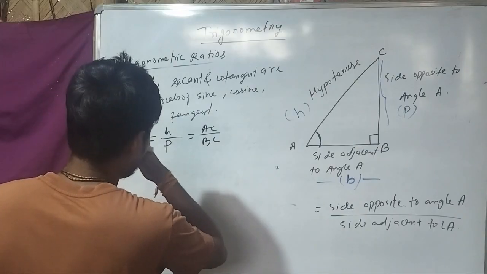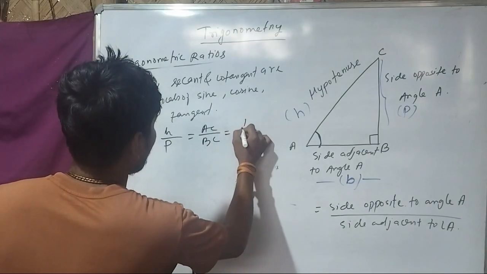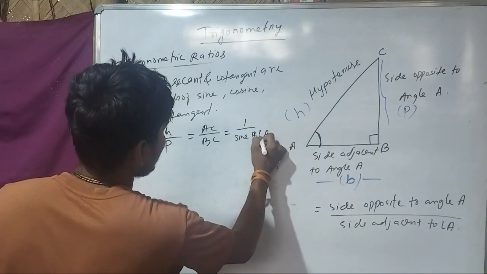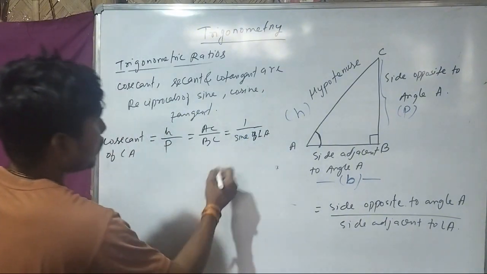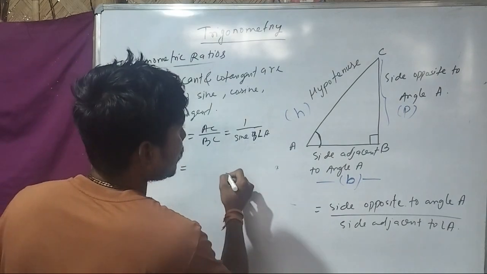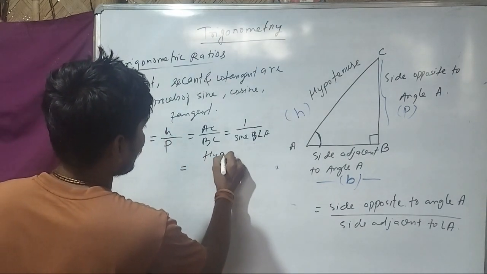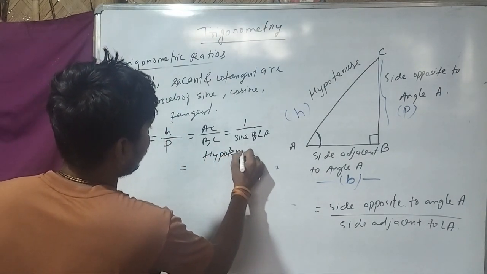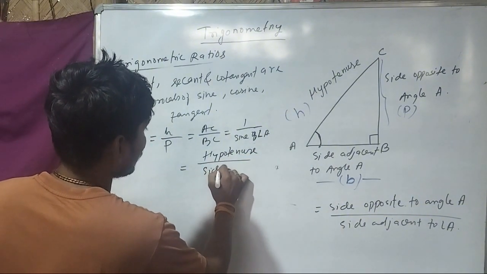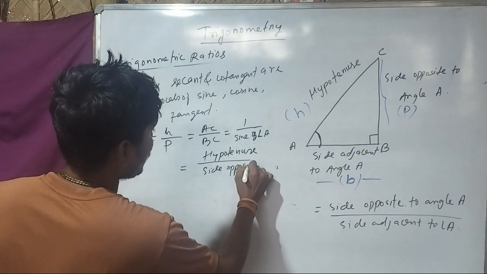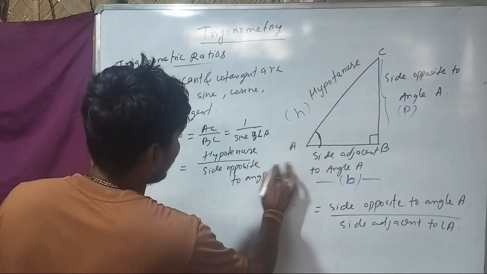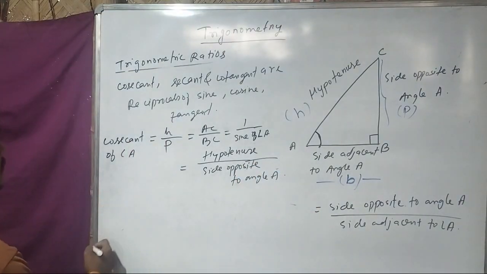Or we can write it as 1 by sine of angle A. That means AC is the hypotenuse, and BC is the side opposite to angle A. Okay, clear?